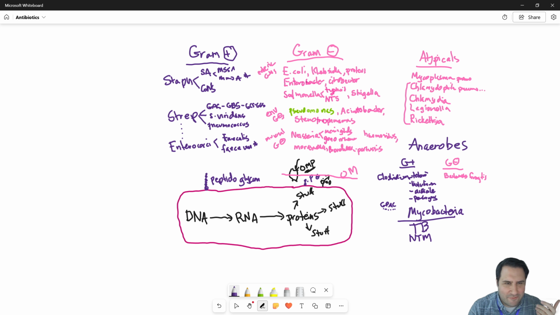Now, you probably remember being told, okay, well, it pokes holes in the membrane, and that's probably a little bit of a simplistic view of it, because it turns out that the cross-linking is especially important when we're talking about cell division. When the little buds start forming off of the bacteria, and they start to pinch off and close, that's when those cross-linking enzymes are especially important.